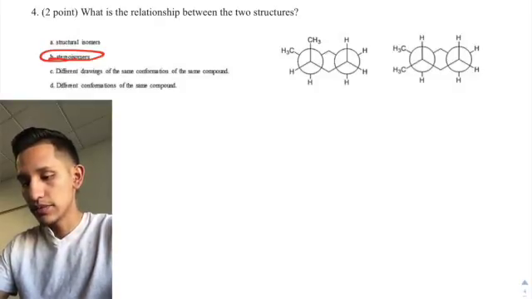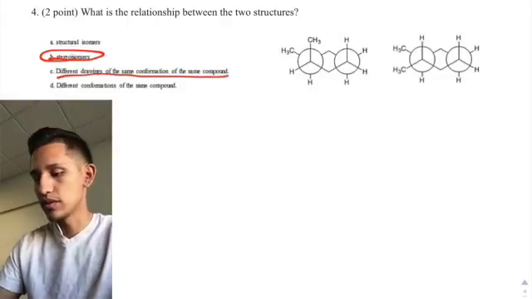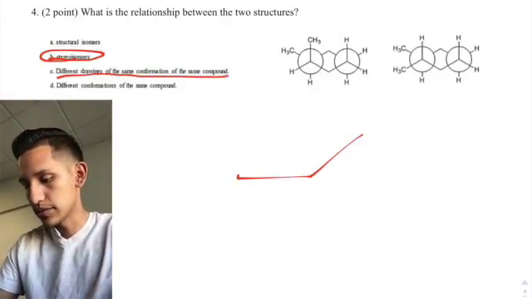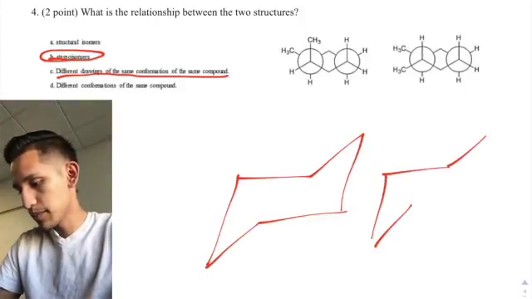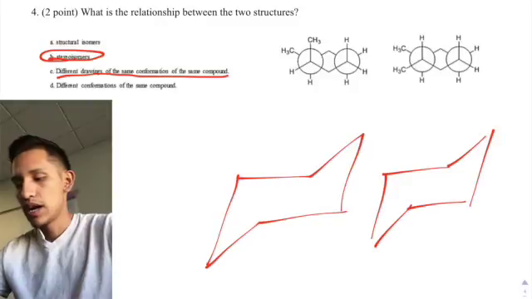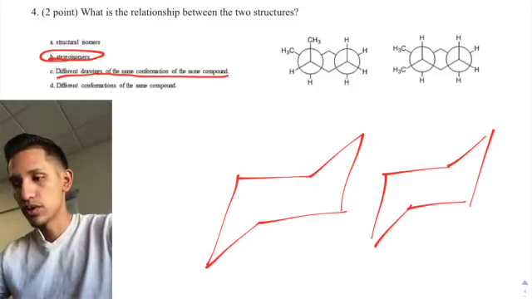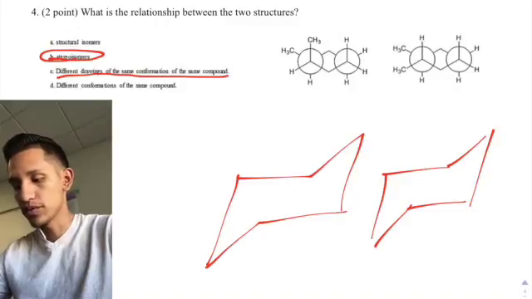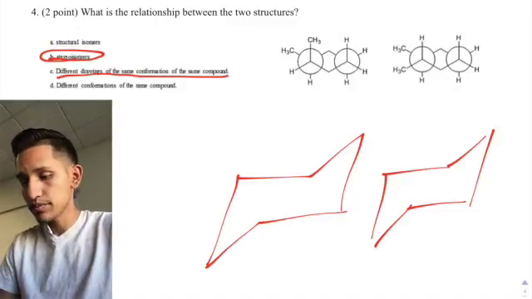So for C, different drawings of the same conformation of the same compound. I'm going to go ahead and draw this in a chair perspective just to switch it up on you guys, get you some practice with this. If we were doing the same compound, we'd have to have the 1,2 or 1,3 or 1,4 on both structures. For this we're going to just do 1,2.